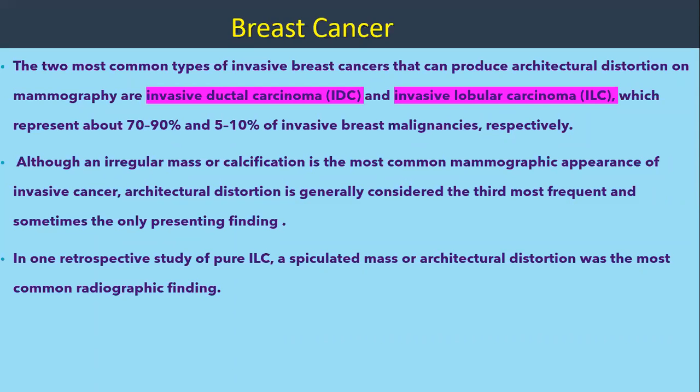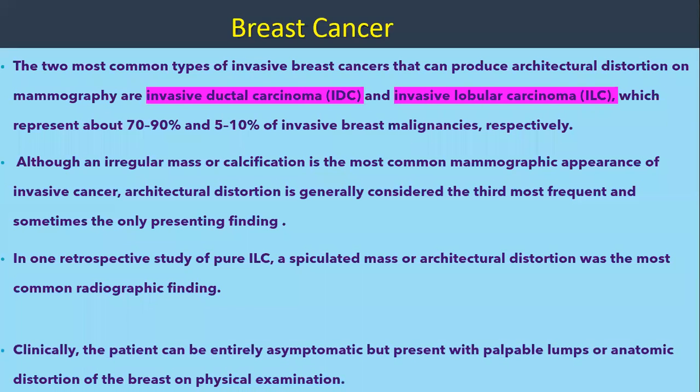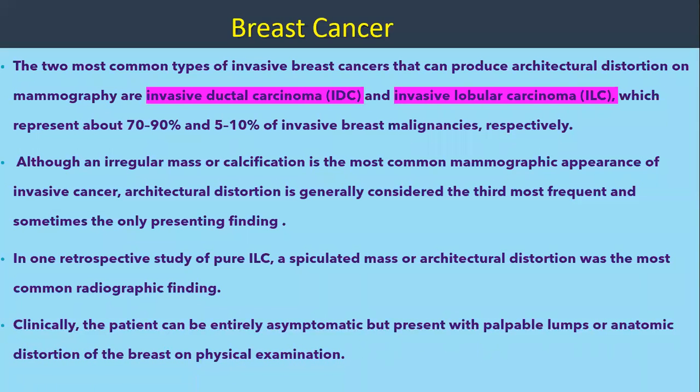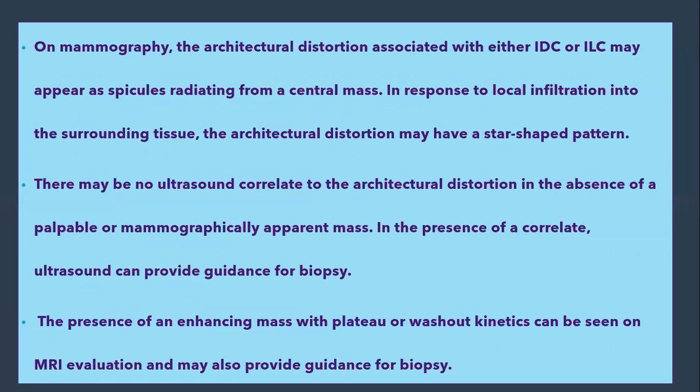In a retrospective study of pure invasive lobular carcinoma, spiculated mass or architectural distortion were the most common radiographic findings. Clinically, the patient can be entirely asymptomatic, or present with a palpable lump or distortion of the breast on physical examination.